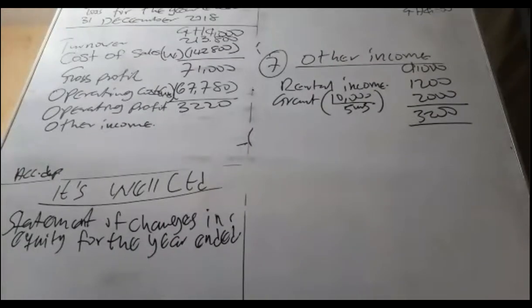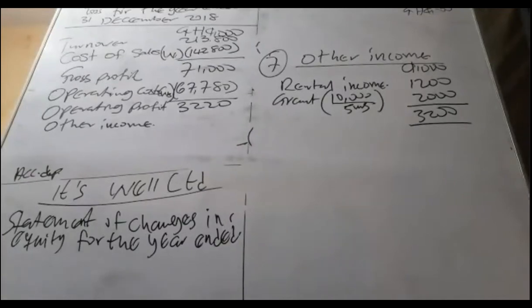Great. Then plus 6,000 auditors fee, plus directors fee of 4,000, plus a bad debt of 2,000, and then we added a grant of 10,000.